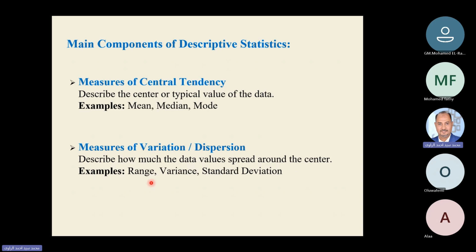We have range, variance, standard deviation. They give us the information of how these data are spread around the mean, if the data are close to each other and close to the mean, or they are away from the mean. So central tendency tells us where the data are centered, while variation tells us how widely the data are spread.